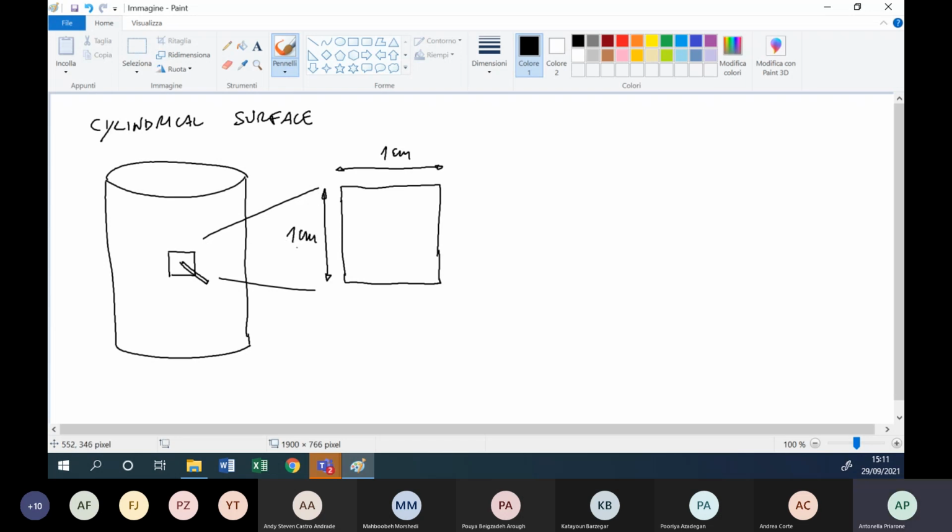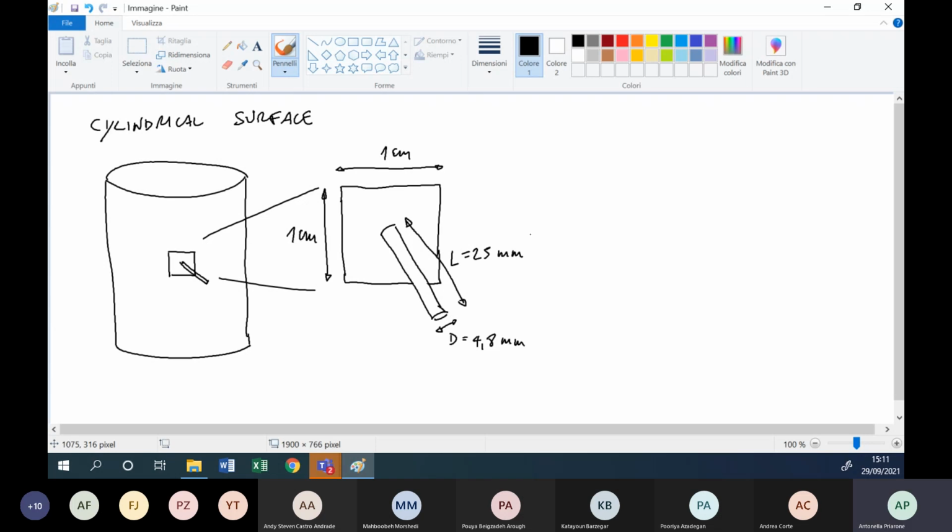And for all this external surface of this cylindrical base, I apply one fin, one cylindrical fin, with diameter equal to 4.8 millimeters and length equal to 25 millimeters.